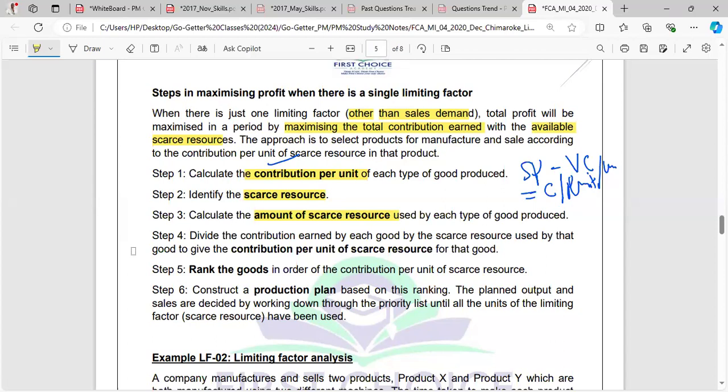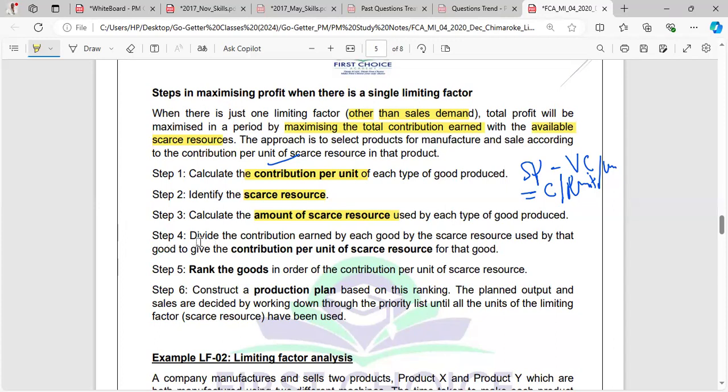What is the amount of egg that is used to produce 1 loaf of bread? You calculate. What is the amount of egg that is used to produce 1 piece of cake? You need to know the amount of scarce resources used to produce each type of the goods.